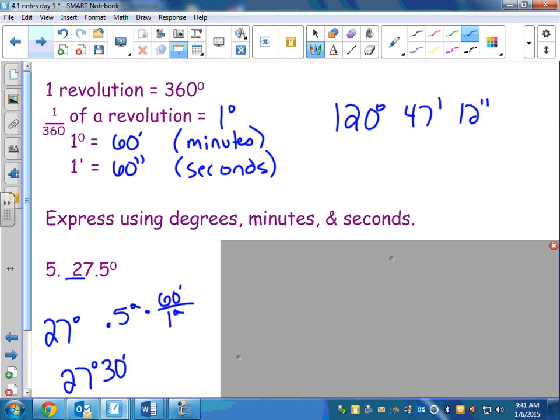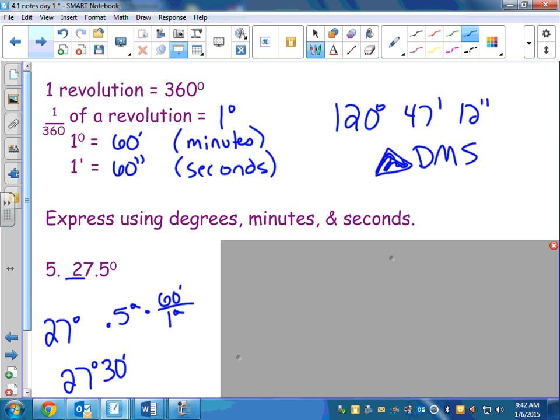On my calculator, right below the delete button, there is a degree symbol, a minute symbol, and a second symbol. If you type in 27.5 and you hit that button, you'll see there's a degree symbol, a minute symbol, and a second symbol. We don't need that. But scroll all the way over, and it has a triangle and says DMS.